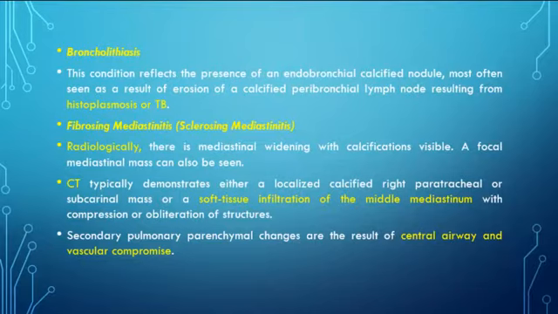A focal mediastinal mass can also be seen. CT typically demonstrates either a localized calcified right paratracheal or subcarinal mass or soft tissue infiltration of the middle mediastinum with compression or obliteration of the structures. Secondary pulmonary parenchymal changes are the result of central airway and vasculature compromise.